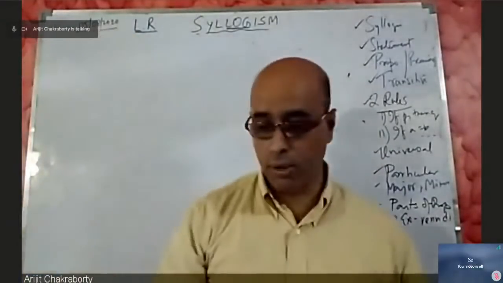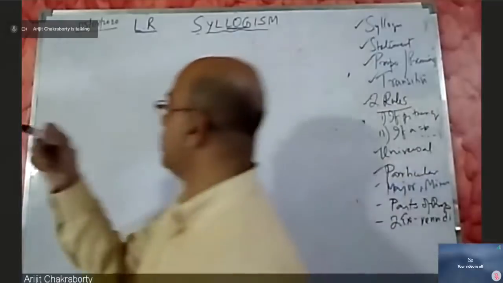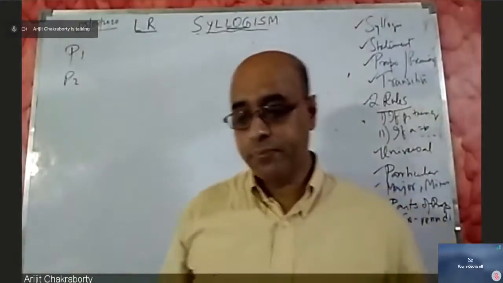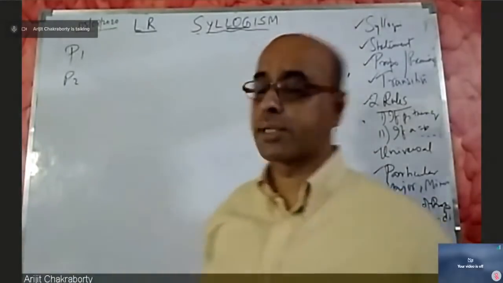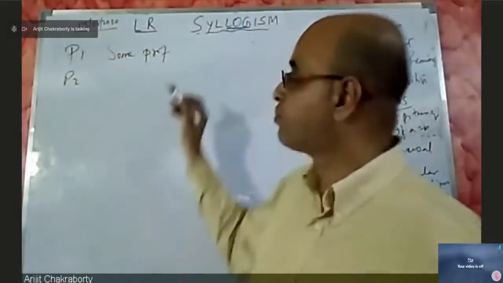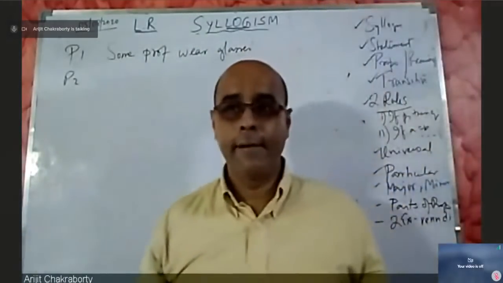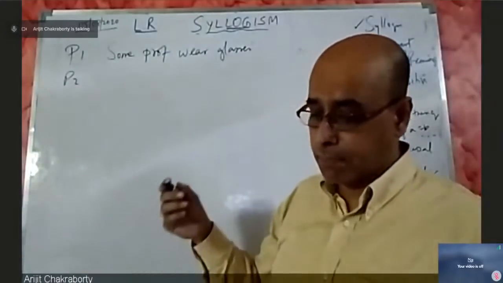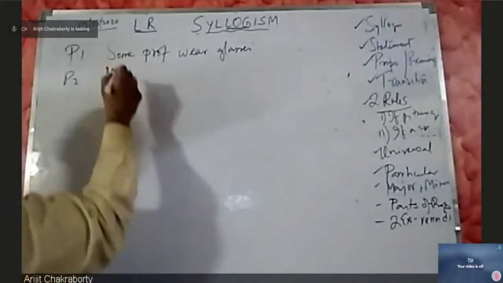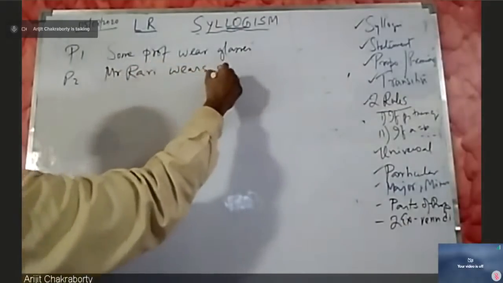The first proposition, P1, and P2. P1 is, some professors wear glasses. Okay? Some professors, I'm writing prof, some professors wear glasses. The second proposition is, Mr. Ravi wears glasses.